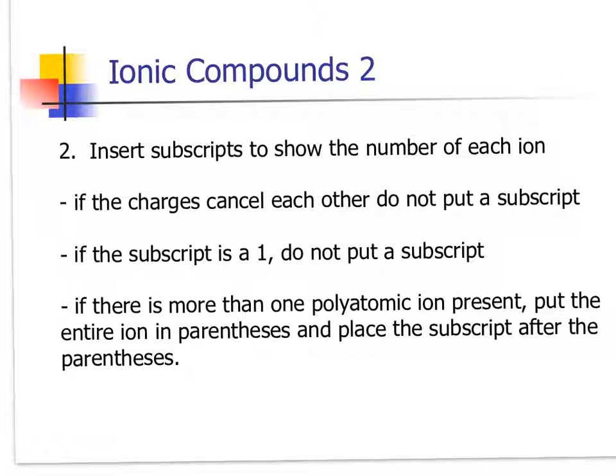They need to make sure that the whole polyatomic ion is in parentheses as we write it. At the beginning of this, we'll actually put all polyatomic ions in parentheses, which is technically wrong. But when it comes to your assessments, you will need to not have the parentheses around your polyatomic ions unless that is necessary.